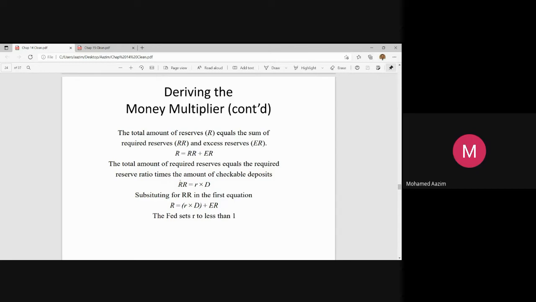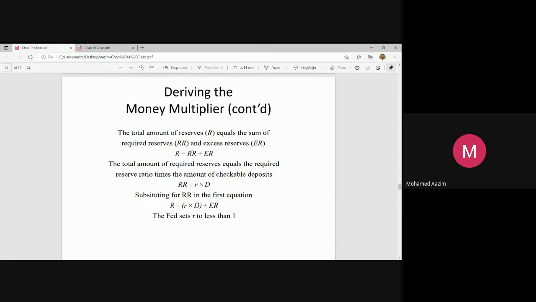At any given moment of time, you can figure out what's your required reserves if you know the required reserve ratio and the deposit base. Checkable deposits for easy understanding here. So you see RR equals small r, this is ratio, required reserve ratio times the deposits.